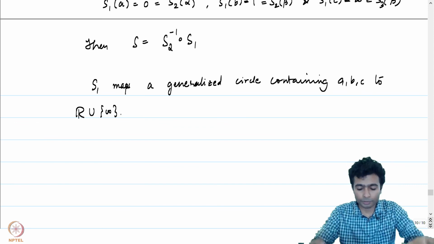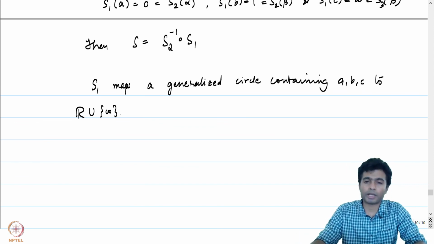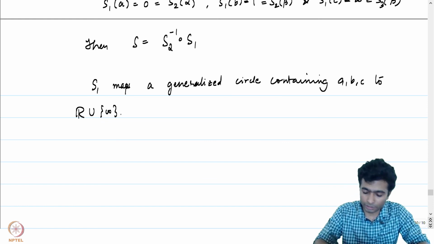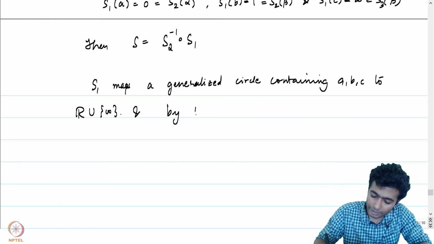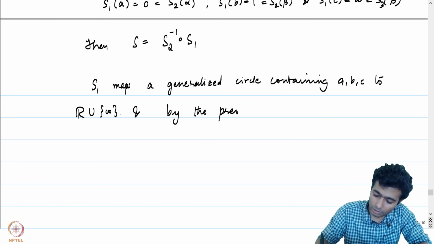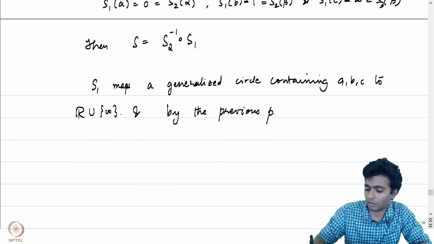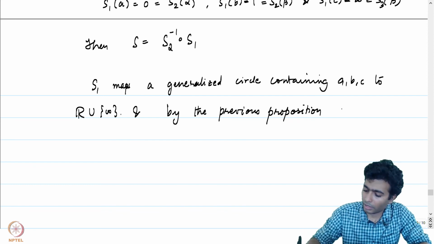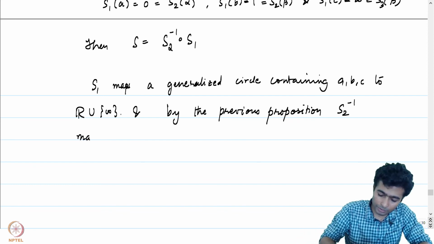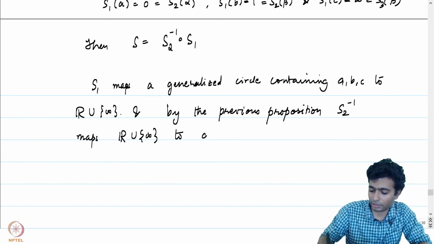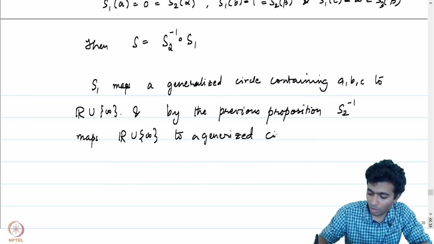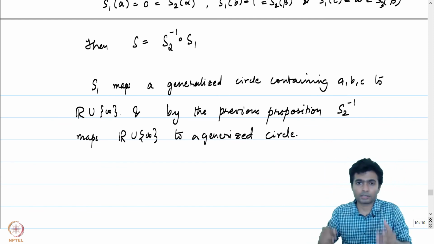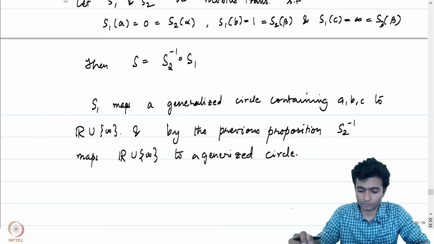And the content of the previous proposition tells us that S2 maps R union infinity to a generalized circle. And by the previous proposition, S2 inverse maps R union infinity to a generalized circle. And we are done. So basically, a Mobius transformation always maps generalized circles to generalized circles. Okay, let me stop here.